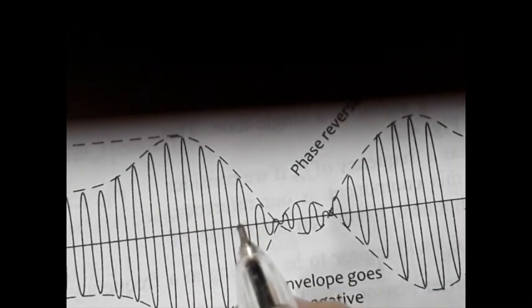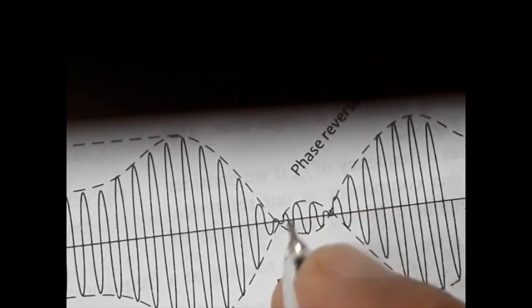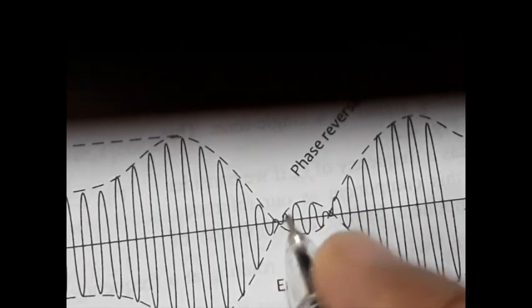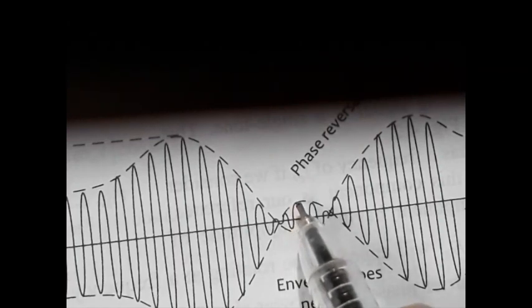That means for this signal, if the phase is 0, then the phase of this portion will be exactly 180 degrees out of phase. That means the wave will start like this.